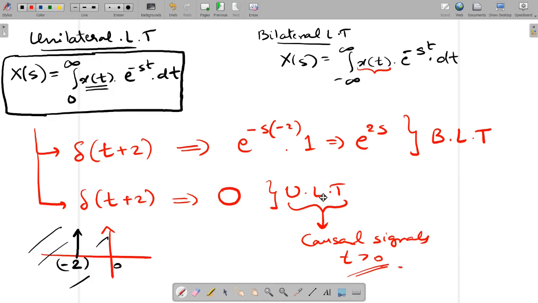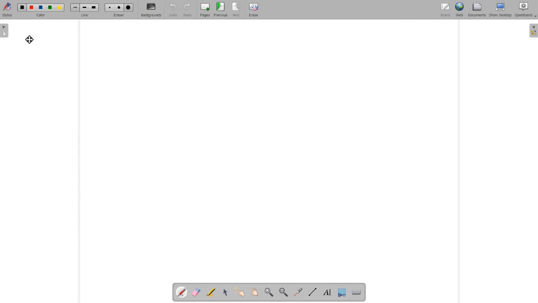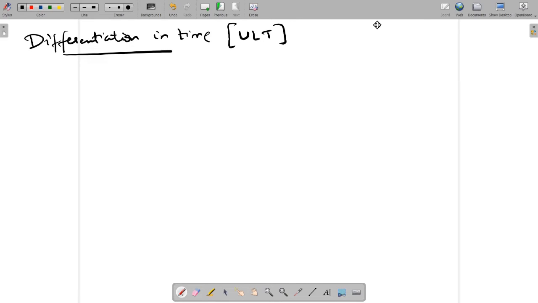For unilateral Laplace transform, there is just one property that we must know for our sum. Just one sum comes, and it is very important. The property is called the differentiation in time property. For bilateral, what is the formula? d by dt x of t is s X of s.